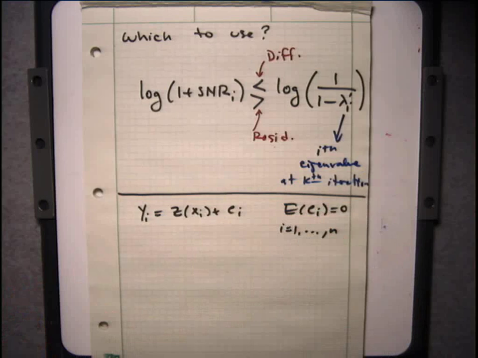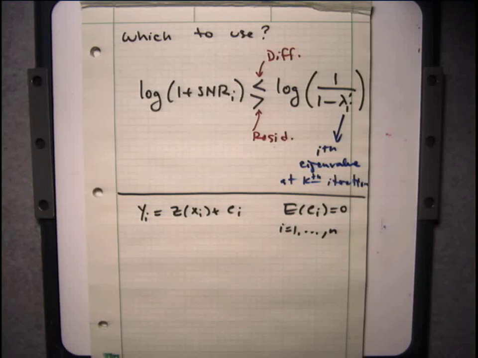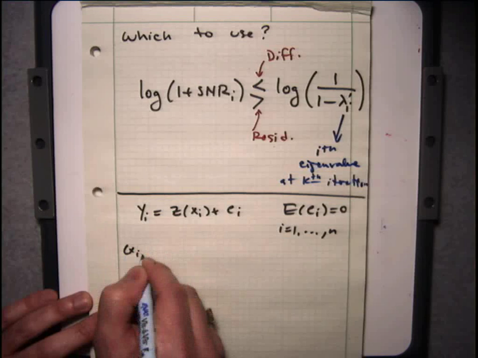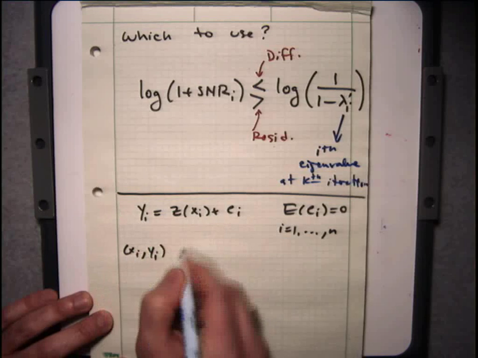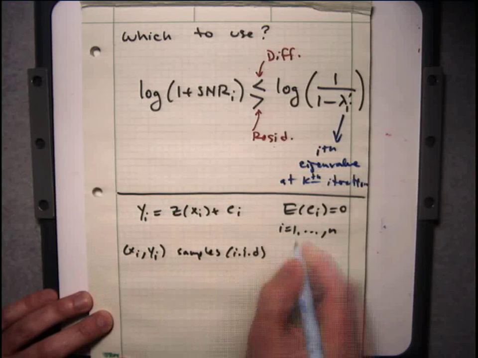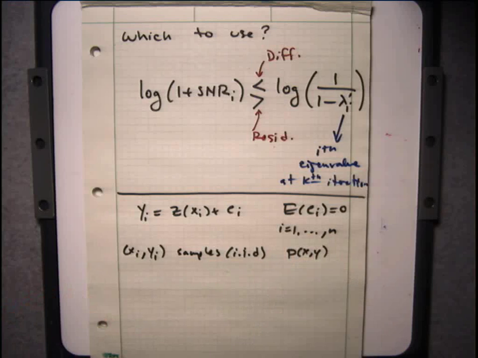And now let me be very general and assume that xi and yi are both random variables that come from some probability density function, or samples, these IID samples, from some PDF, p of x and y. Okay, this is a joint distribution for the positions where you took samples and also the value of the samples themselves. So basically, your samples don't have to be uniformly distributed. They can be any distribution here.